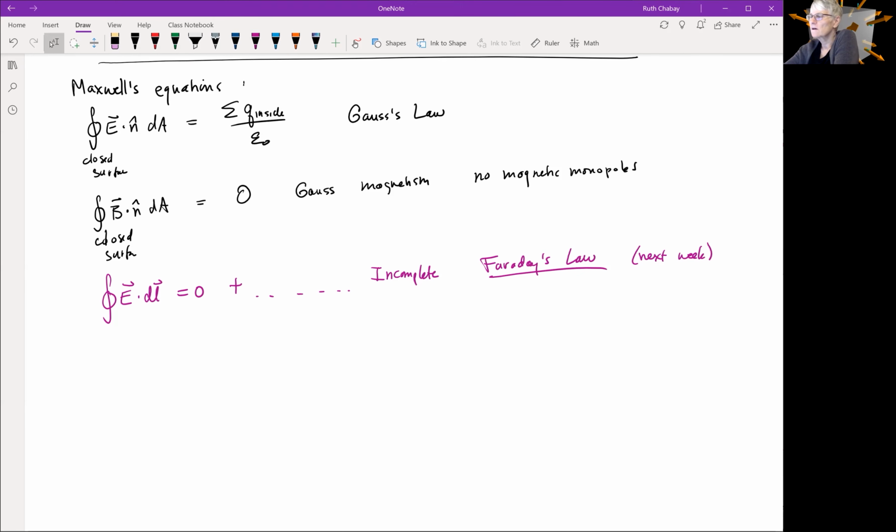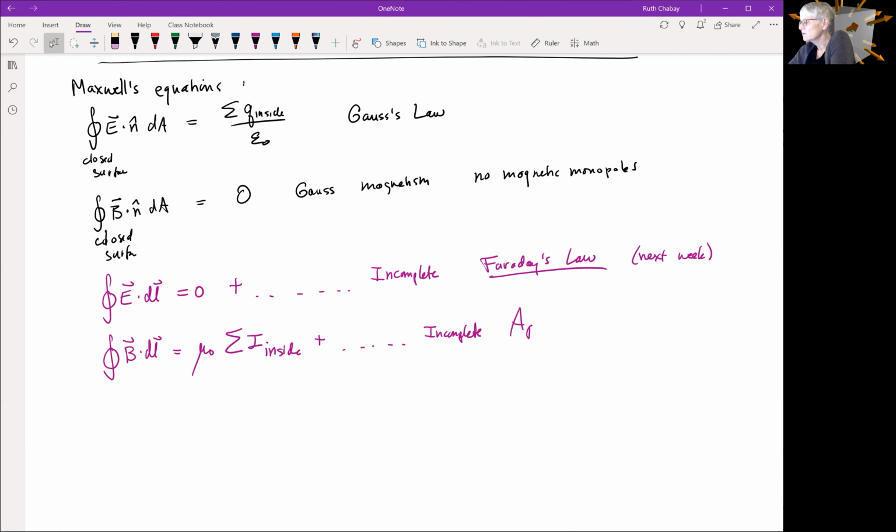And we have Ampere's law. So the integral of B dot dl is mu 0 times the sum of the current inside, meaning piercing our surface. This is also incomplete.